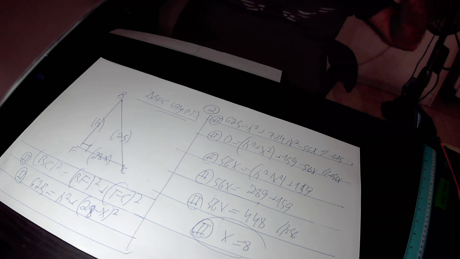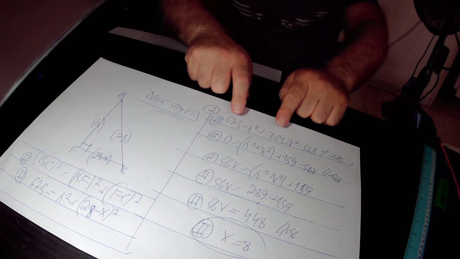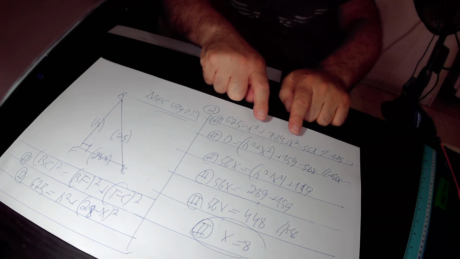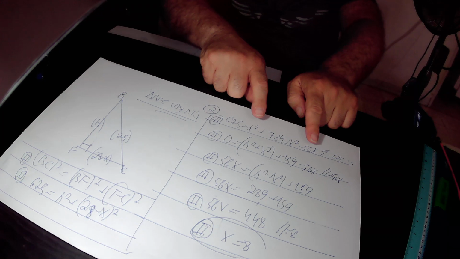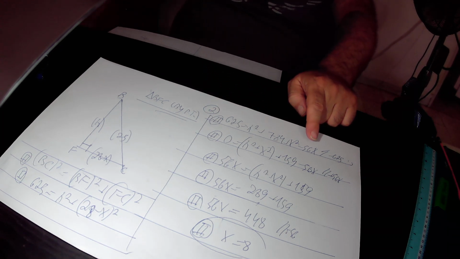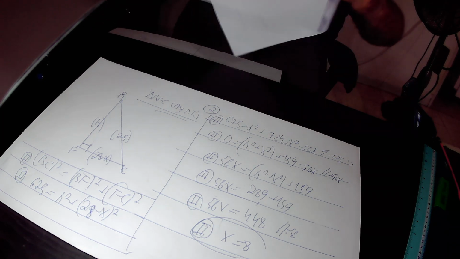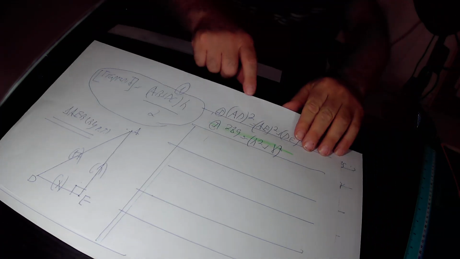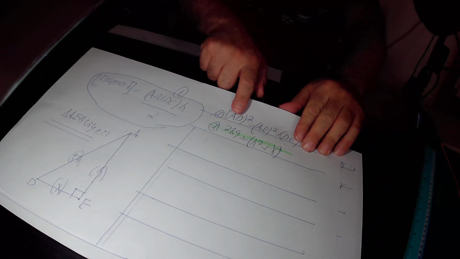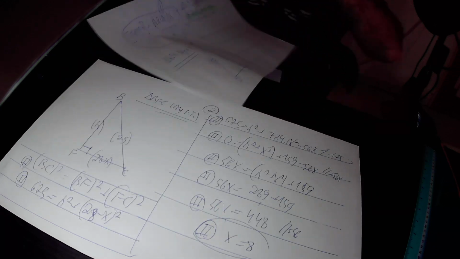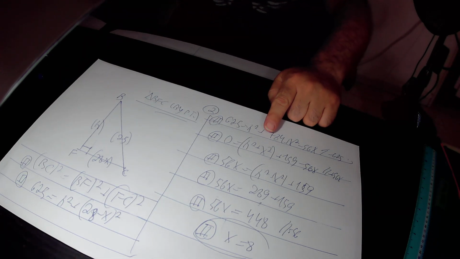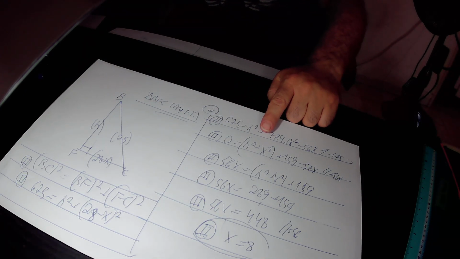So in total, according to equation 2, we have found out that 0 equals h squared plus X squared plus 159 minus 56X. But according to equation 1, we have already found out that h squared plus X squared equals 289. Therefore, we can substitute h squared plus X squared in this equation 2 by 289.